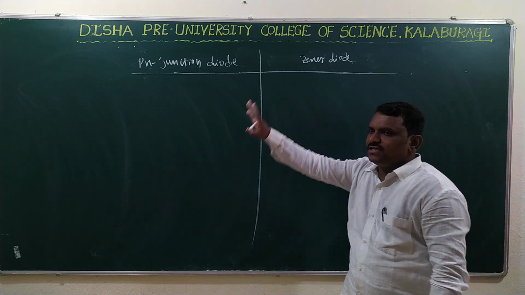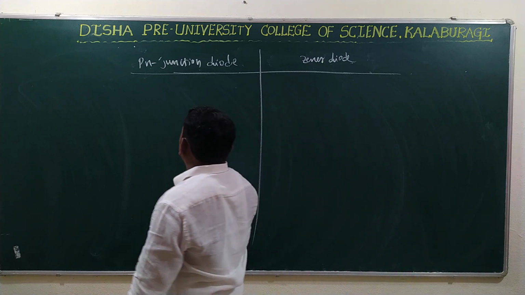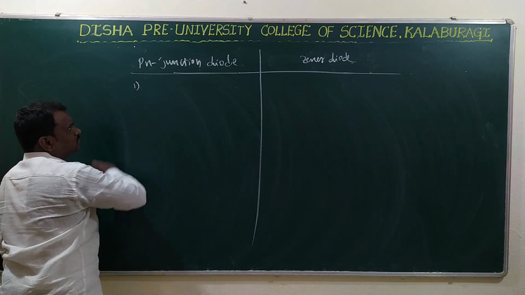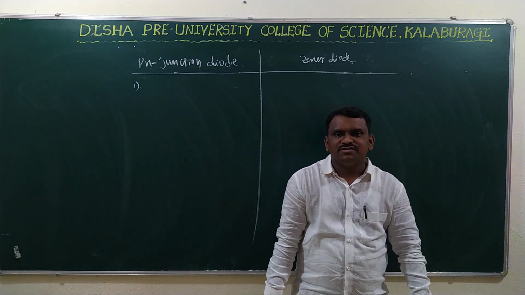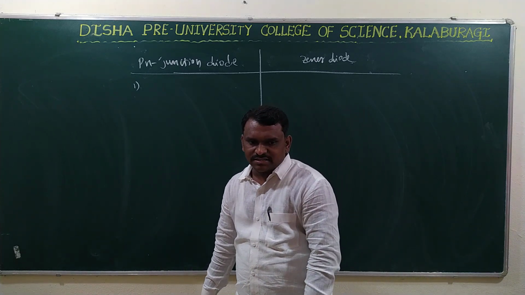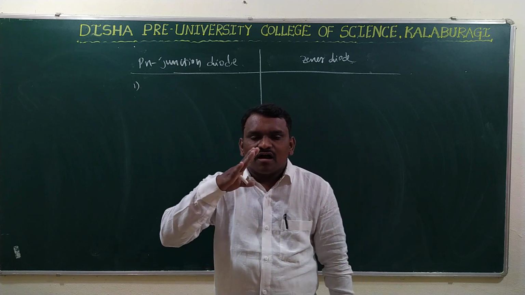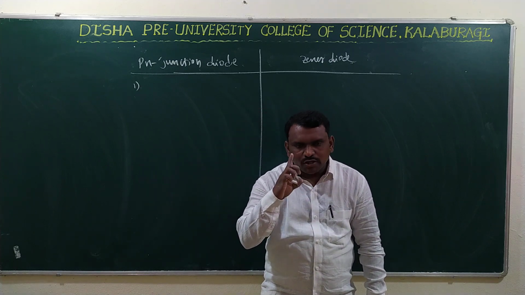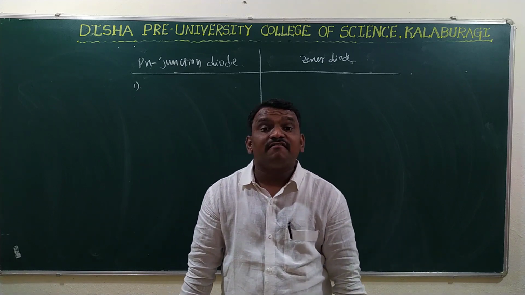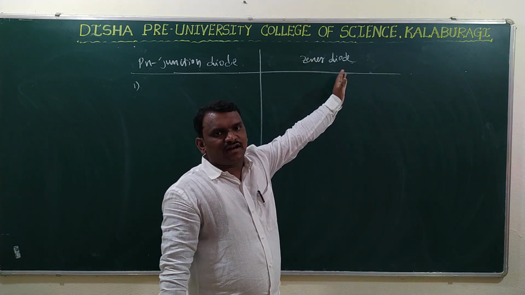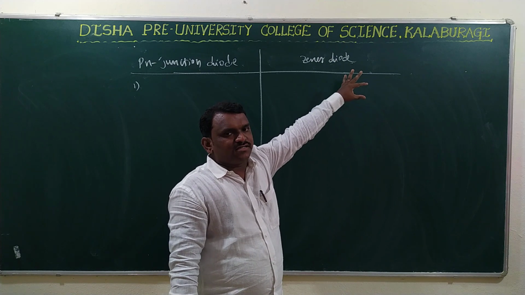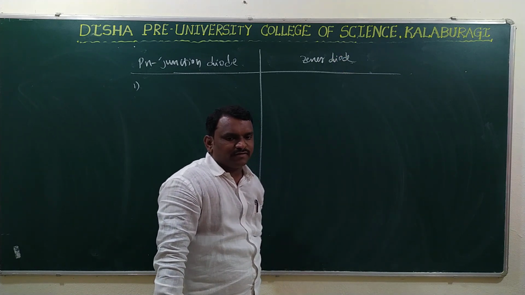Okay, what is a PN junction diode? We know that the PN junction diode is unidirectional. It is a property of the PN junction diode. It is unidirectional, meaning it conducts current in only one direction, that is, in forward bias. But the Zener diode conducts current in both biases, forward or reverse, right?